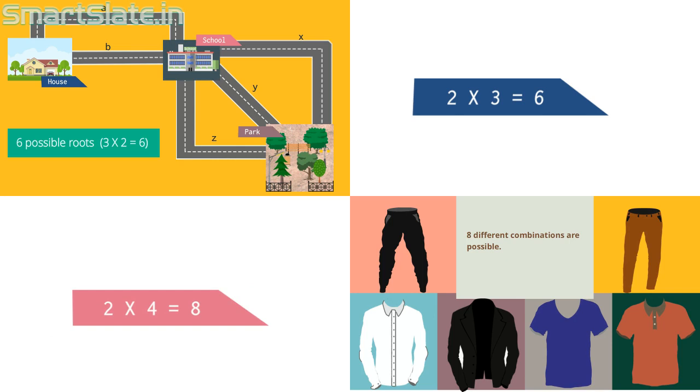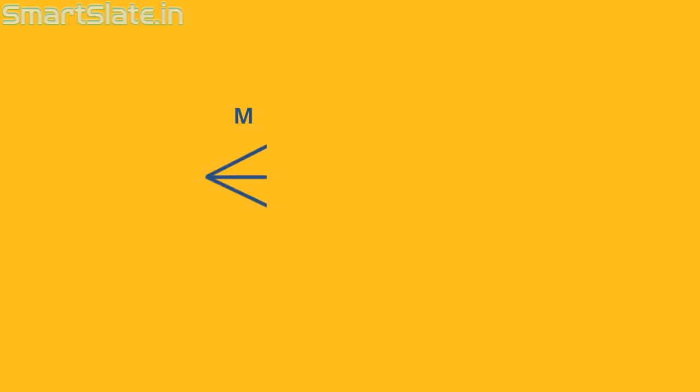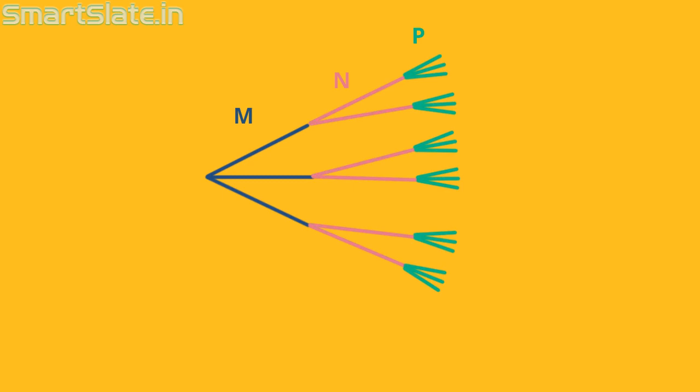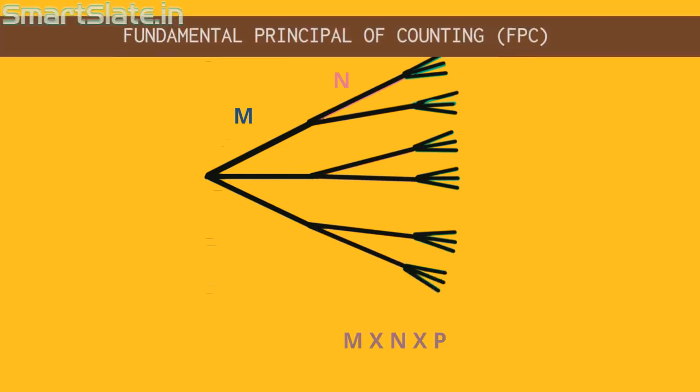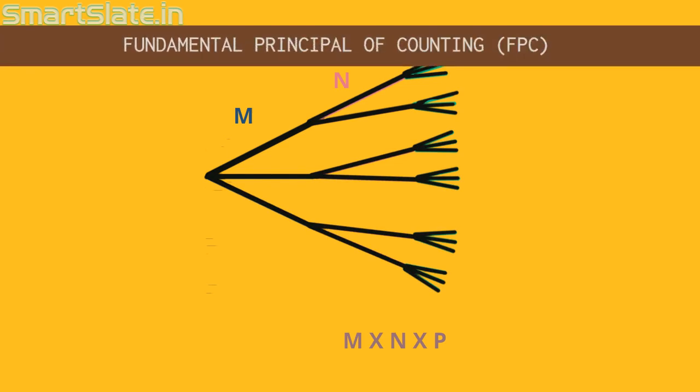If one activity can be done in m number of ways, for each of these m different ways, a second activity can be done in n number of different ways, and for each of these, a third activity can be done in p different ways, then all the 3 activities, one after the other, can be done in m into n into p number of ways. This is called the fundamental principle of counting, or FPC in general.